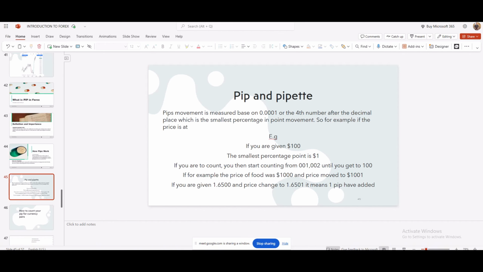Now let's use the term 1.6500. Let's not call it in terms of thousands or hundreds. Let's say the price of a particular investment was at 1.6500. Let me get my drawing tools.